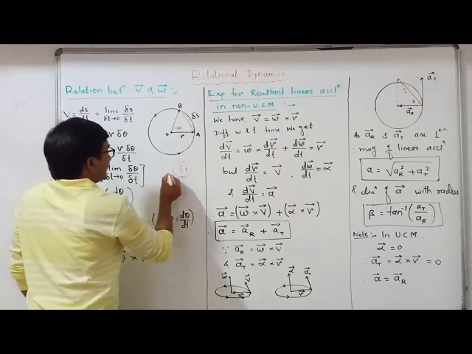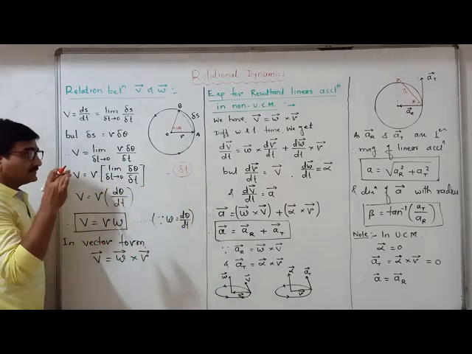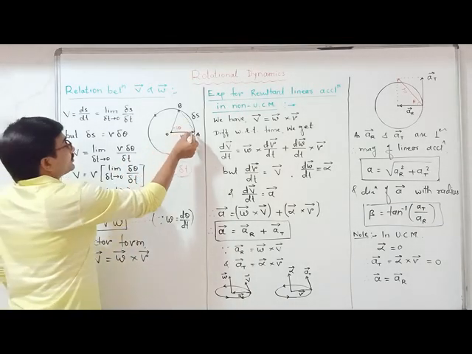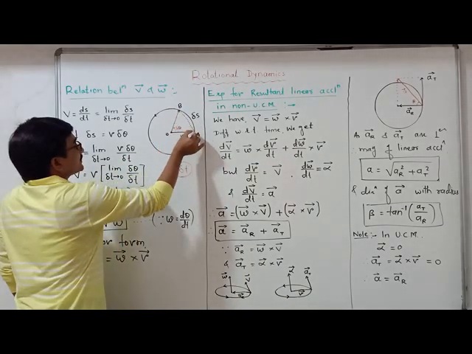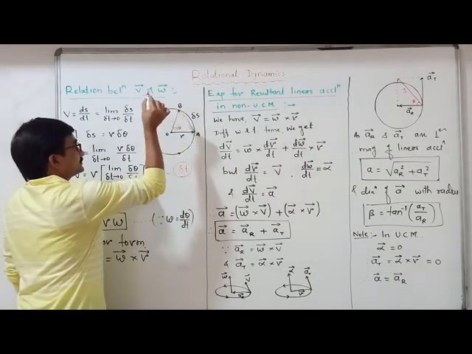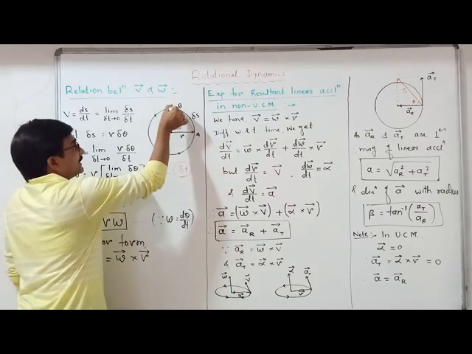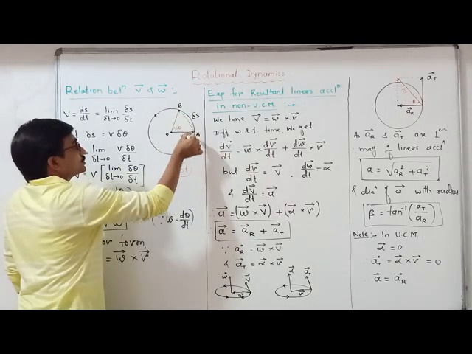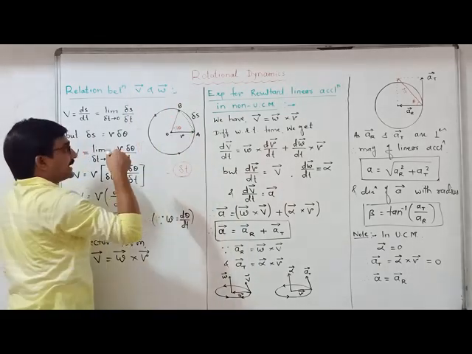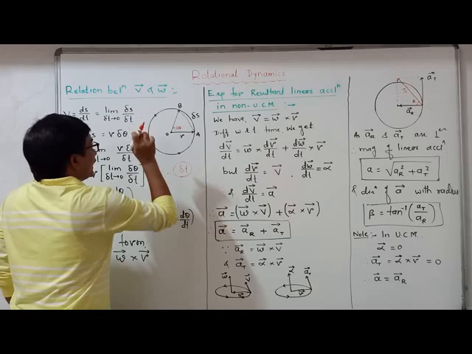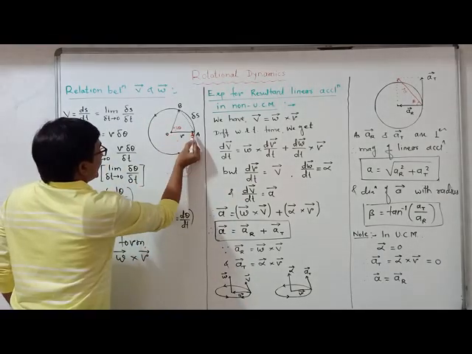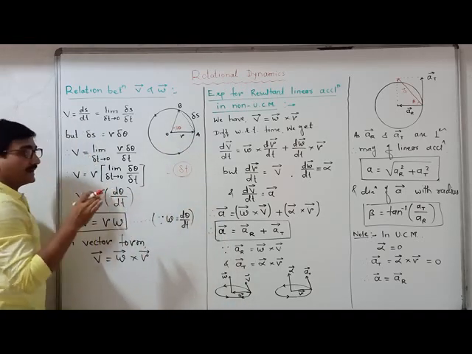Note that as the time is very small, the arc AB is considered as a straight line. It means the segment AB shows the linear displacement, the angle AOB shows the angular displacement, and r is the radius of the circle. Vector OA and vector OB are the radius vectors.